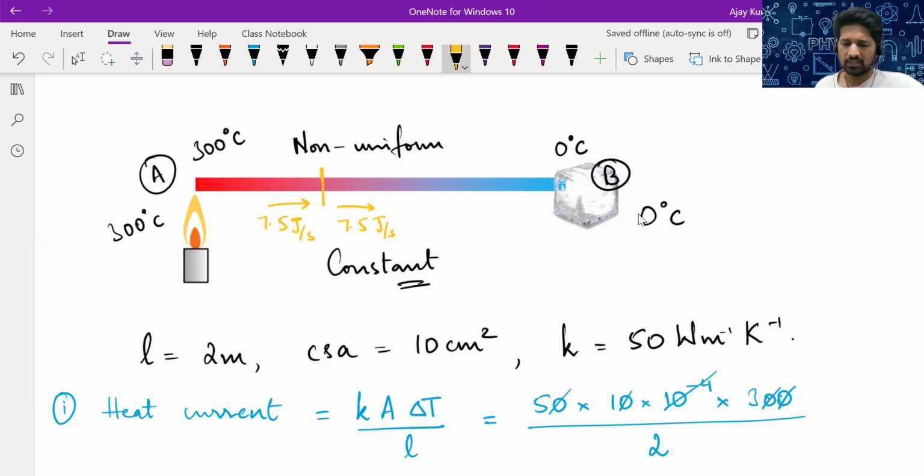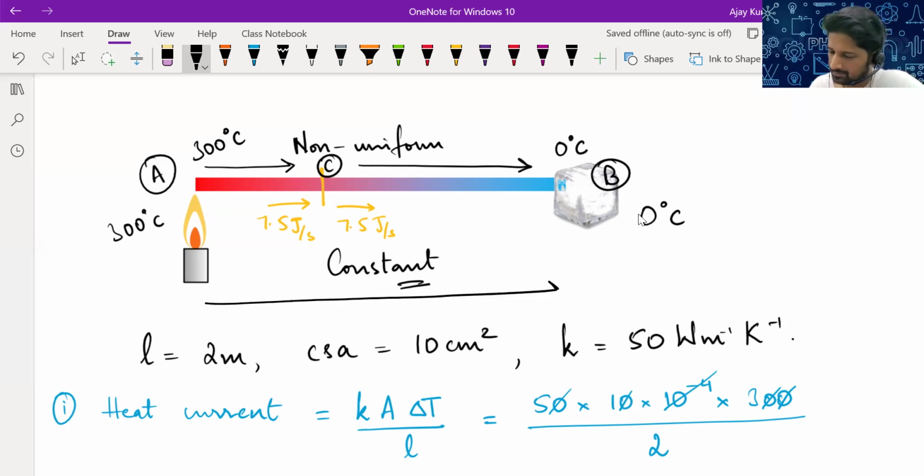So what this means is, if you know the heat current for the entire rod, you know the heat current everywhere. It has to be the same everywhere because there's only one rod here. If you consider some other section, call this layer C, then the current from A to C should be equal to the current from C to B, and that should be equal to the overall current.